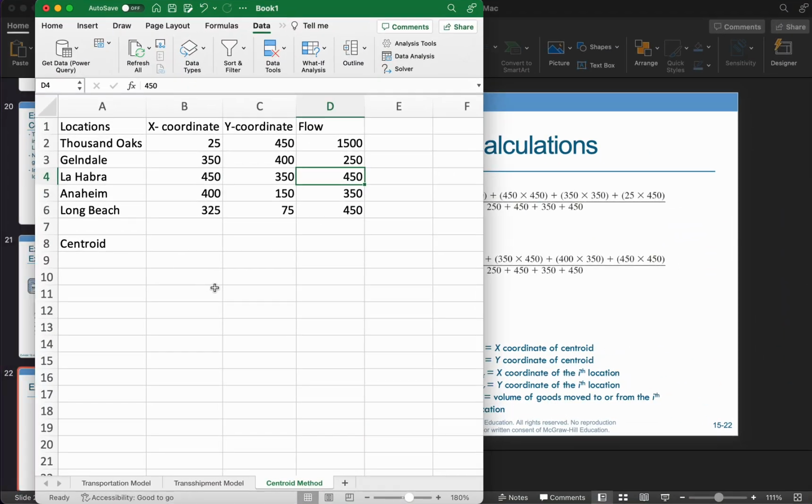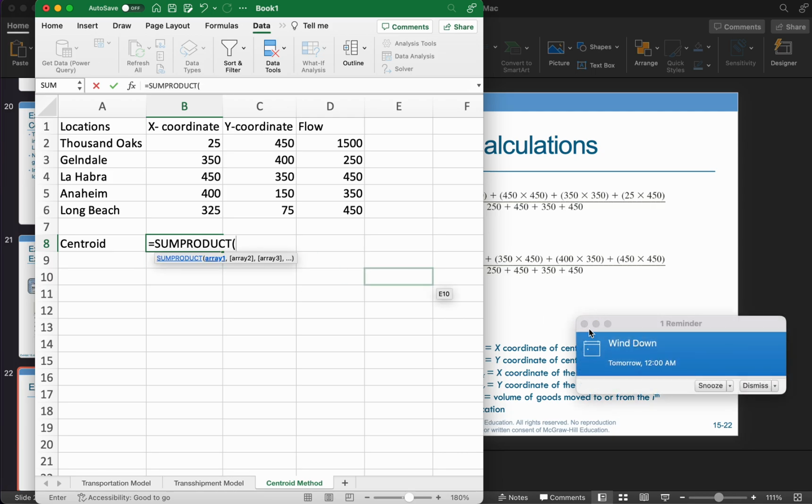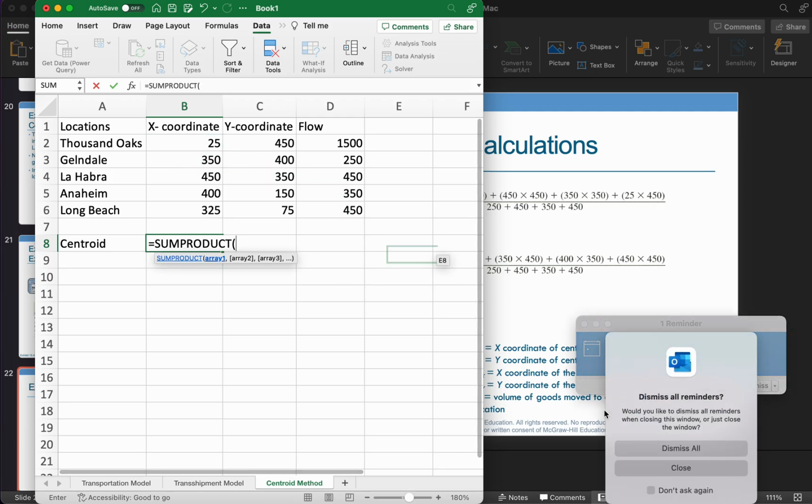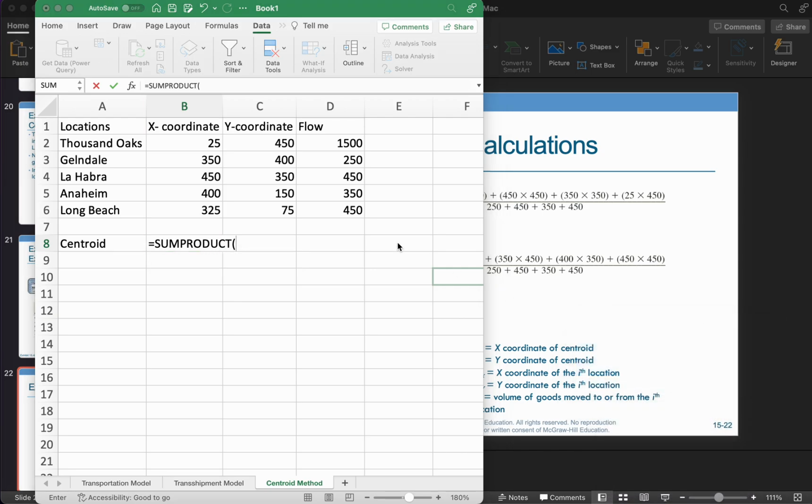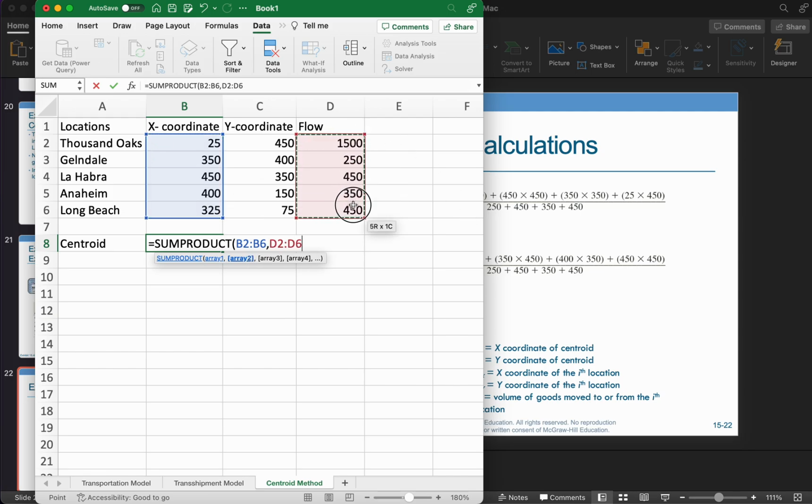So I'm going to use sumproduct of all the x coordinate values, comma, the flow values, multiplying the corresponding values together, and then divide this whole thing by the sum of all the flow values.